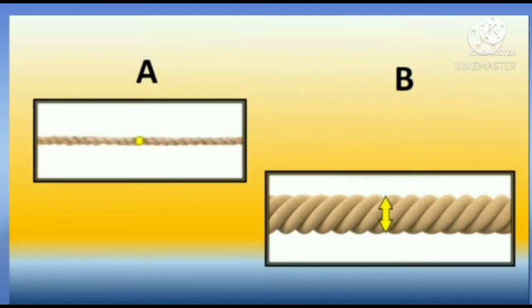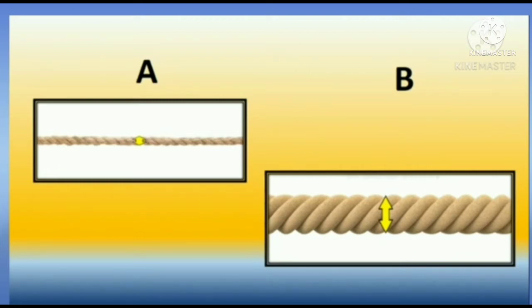We have pictures of two ropes, picture A and picture B. Now students, look, the width of picture A is less than picture B. Therefore, picture A is thinner than picture B. Similarly, the width of picture B is more than picture A. Therefore, picture B is thicker than picture A.